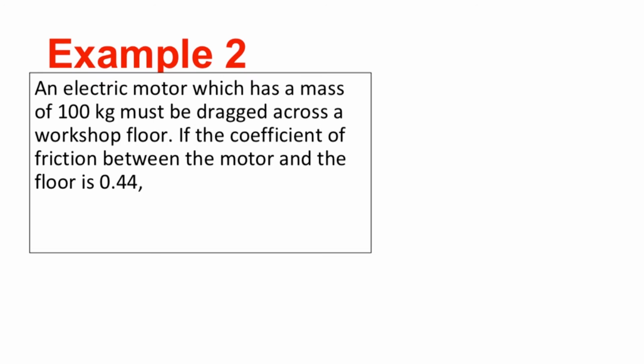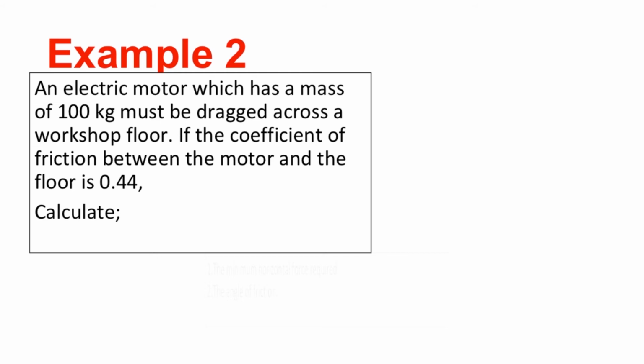Now, let us do a different example and see if we can remember these things so that we can apply them. In this case, you have an electric motor. An electric motor has a mass of 100 kg.